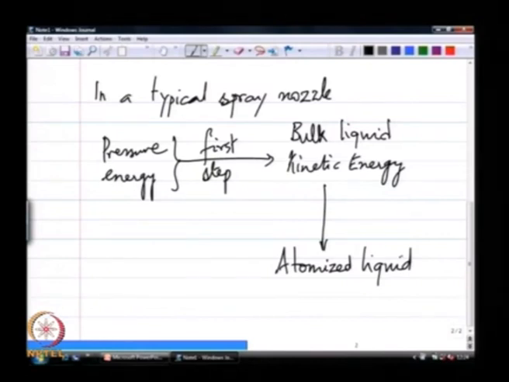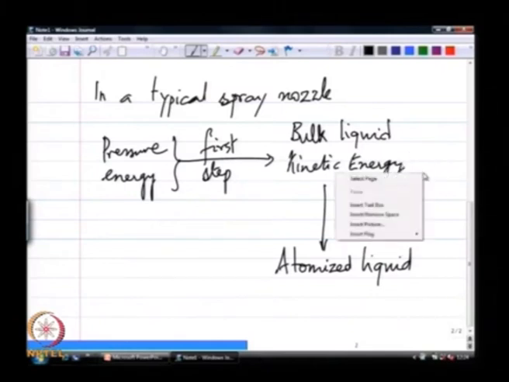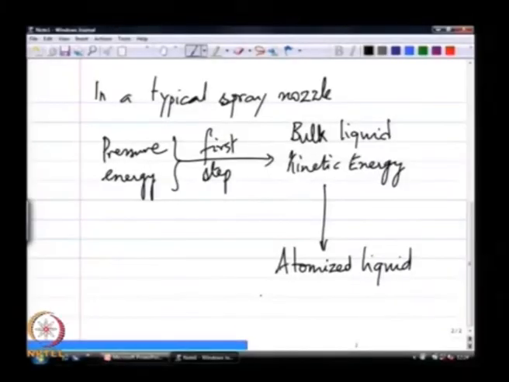The kinetic energy of the bulk liquid inside: if I go to my real ideal spray that we started to describe, I input energy, and that energy goes to increase interfacial area. So, I put in 10 power minus 6 joules of energy, I get 10 micron fragments of liquid, that is my dream atomizer. But if I go through this mechanistic route, I have already accelerated the bulk liquid to some kinetic energy.